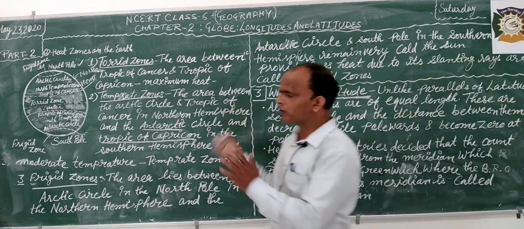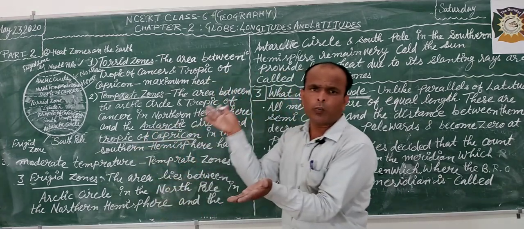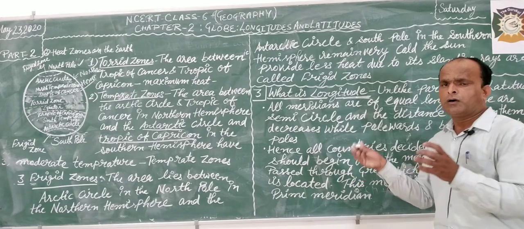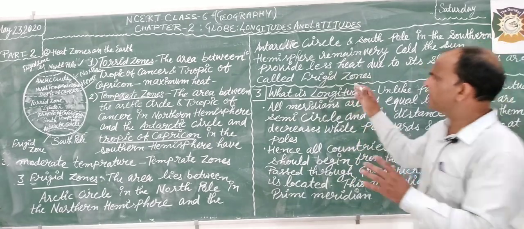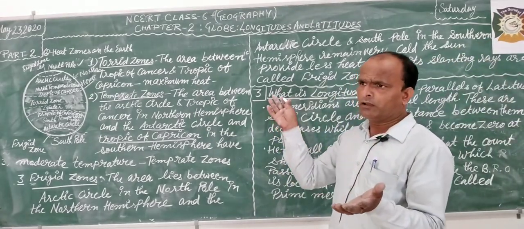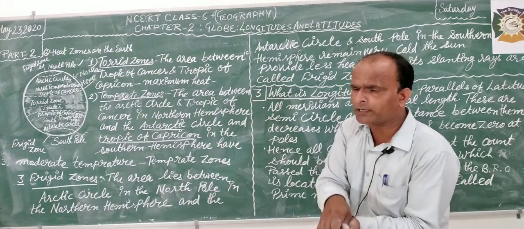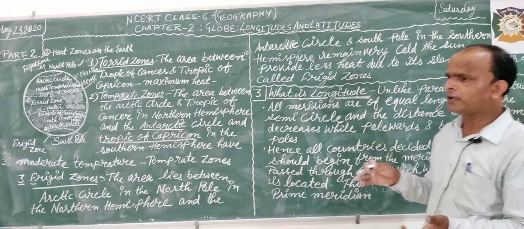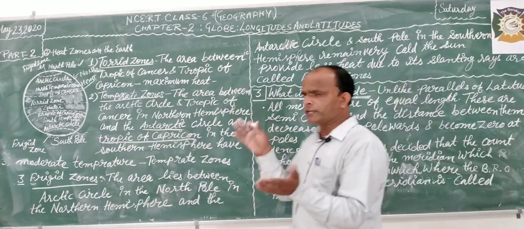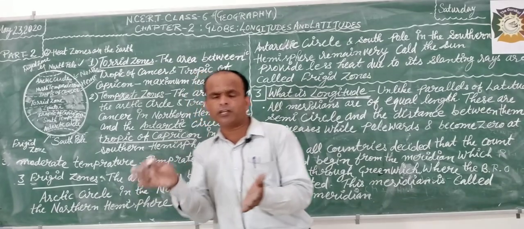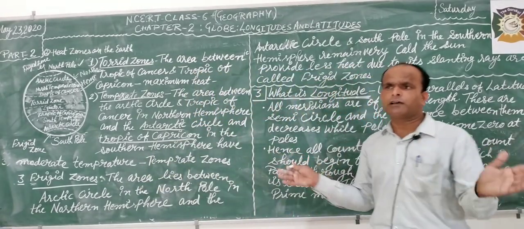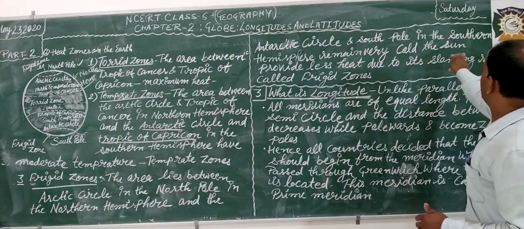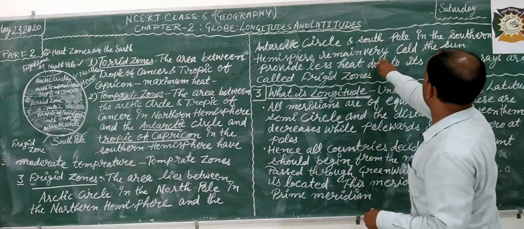It is very cold because the sun's rays fall on it in a slanting way, and when sun rays fall on any object in a slanting way, the light is scattered.